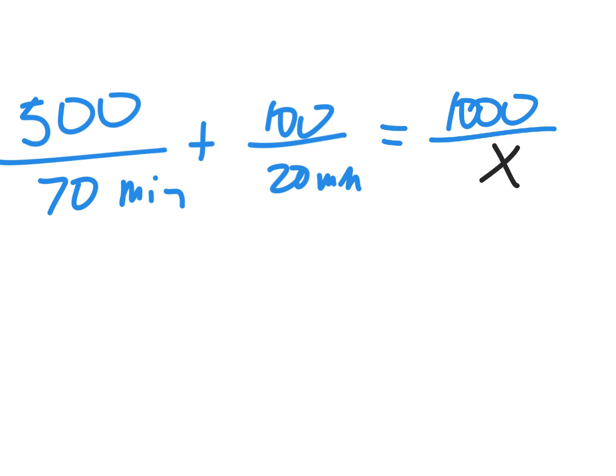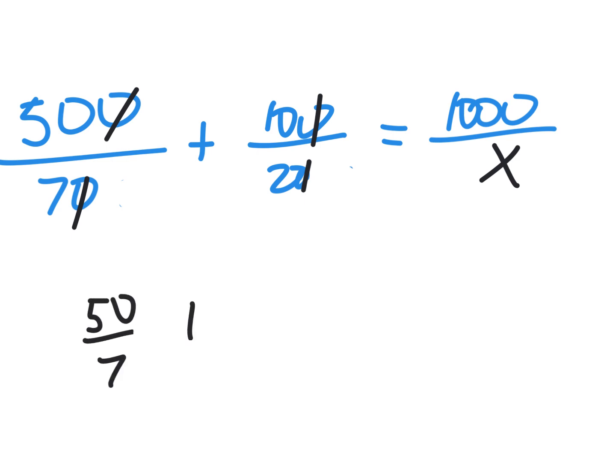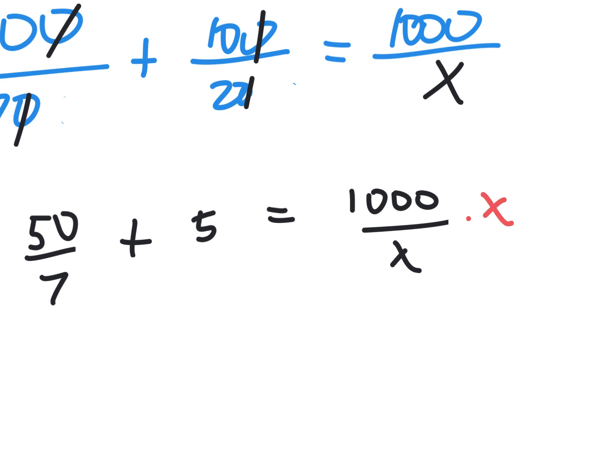Okay. So now that I've kept my units all straight, I can just drop them. So now I can simplify these numbers. Cancel, cancel, cancel, cancel. 50/7 plus 10 over 2 is 5 equals 1,000 over x. Clear the fractions. Are we not going to have a calculator on this? Oh, times 7x, hold on. You will not, I don't think you will have a calculator on this test, but that means we have to keep the numbers reasonable.